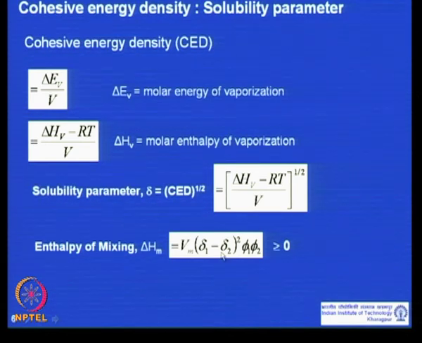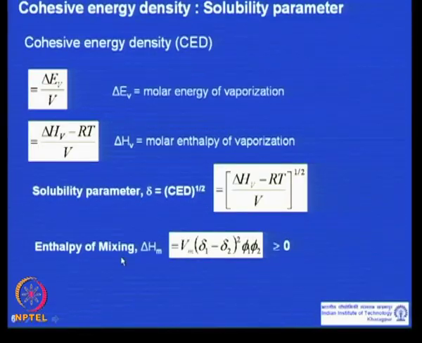We know the contribution from the combinatorial entropy, which always favors mixing. This term will give you the enthalpy of mixing, but the way this expression has been proposed, the enthalpy of mixing, delta H_m, is always positive or 0 if delta 1 equals delta 2.